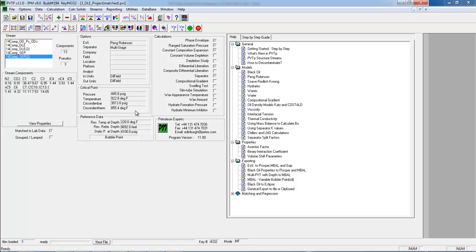It's the same. Do you know what the difference is between GOR here in PVT and GOR in production? They are different. GOR in production, you have Qg and Qo, and then you divide.